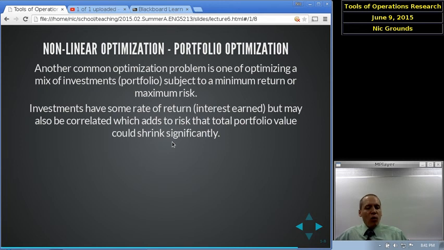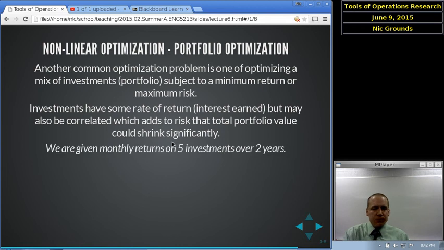Or you can turn that around and find the lowest amount of risk we can take to earn a minimum amount of return. That is, I at least want to try to average out earning a rate of return of, say, 5%. What's the lowest amount of risk I can take on by investing in the right things in the right proportions?